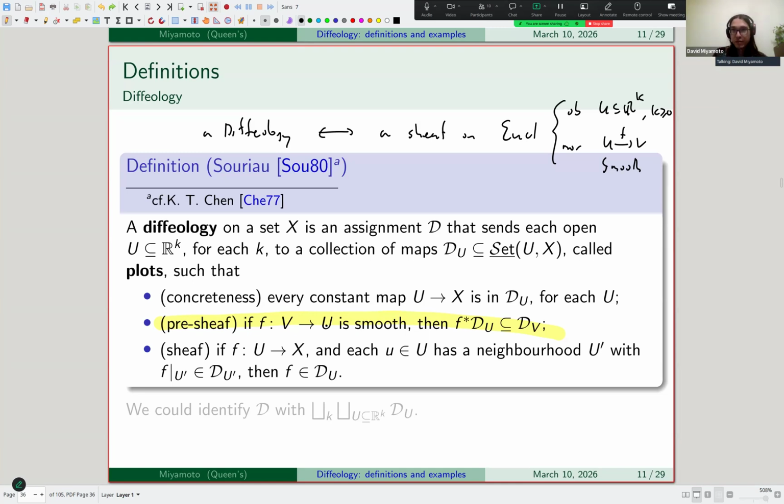Which does raise the question of, when I say it's a sheaf, I need some kind of topology to discuss the sheaf condition. There's a Grothendieck topology on this site that lets you do that.